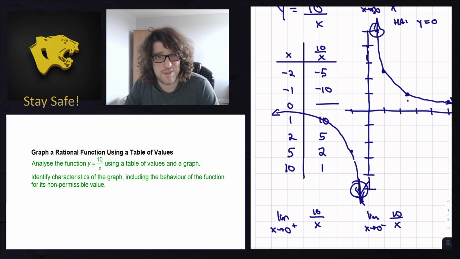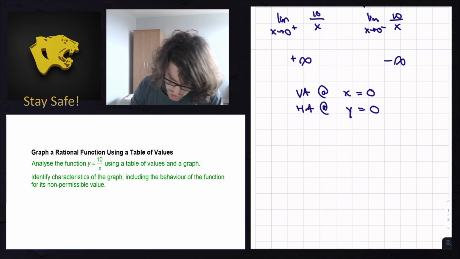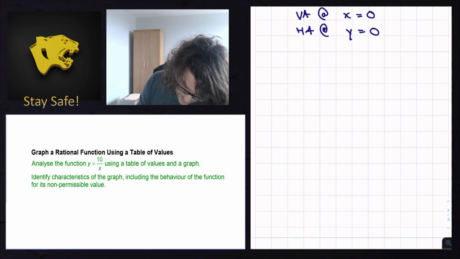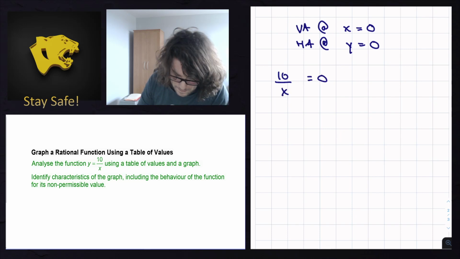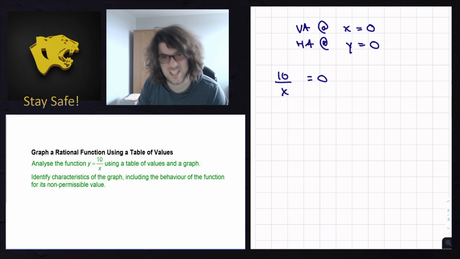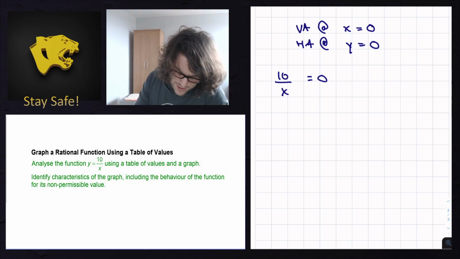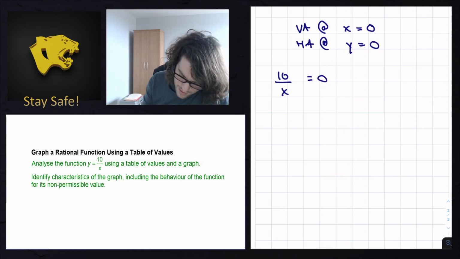There are no intercepts. So if we tried to show that, I guess, whoops, sorry about that. So we would have 10 divided by x is equal to 0. 10 divided by nothing gives us, there's no value for x that will allow that to happen. I guess you could say that's kind of the limit idea, but that's not an actual value saying it's infinite.